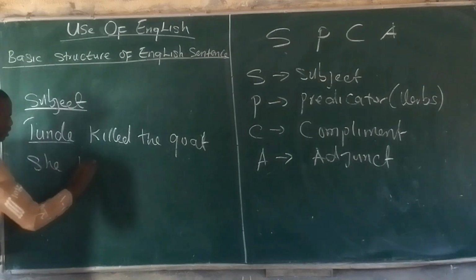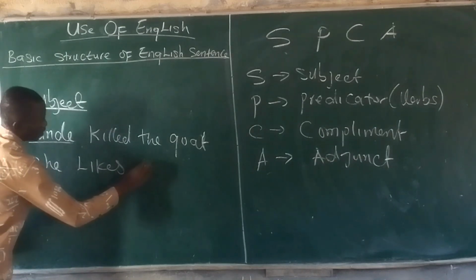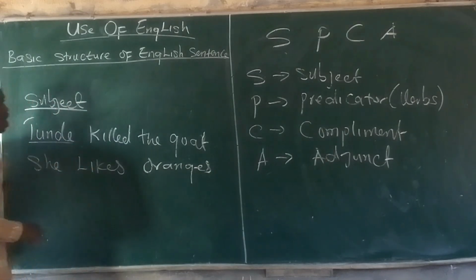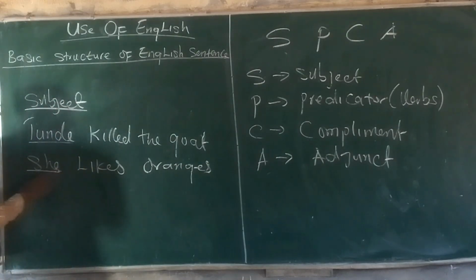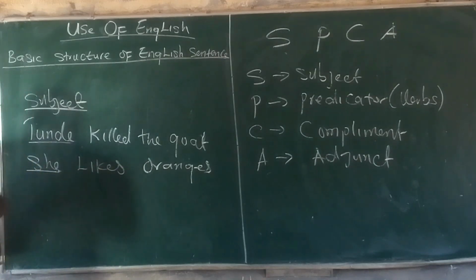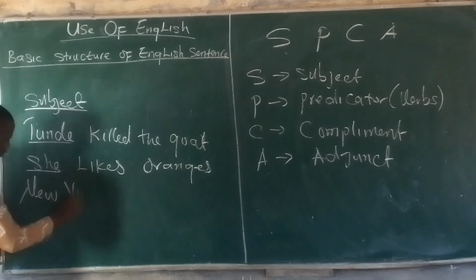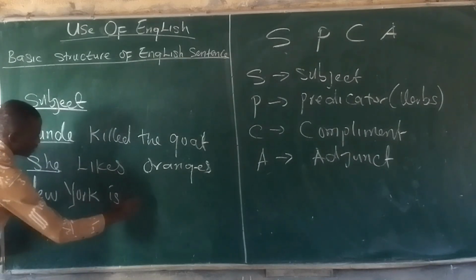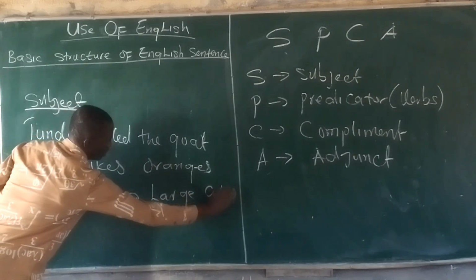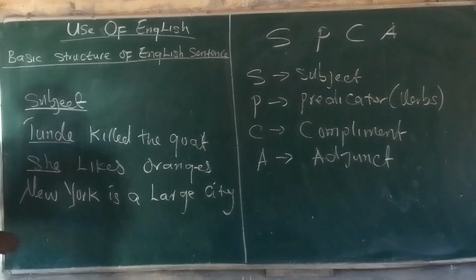She likes oranges. She likes oranges. Now, she is a performer of the action, likes oranges. Then we have another one. New York is a large city. New York is a large city.